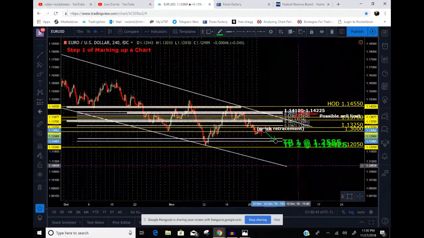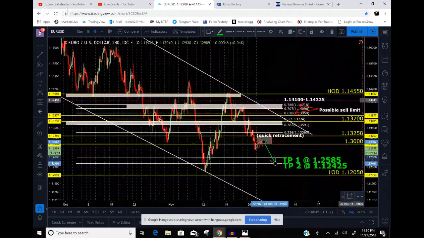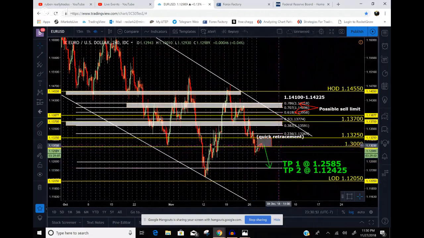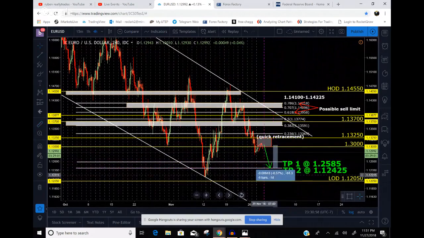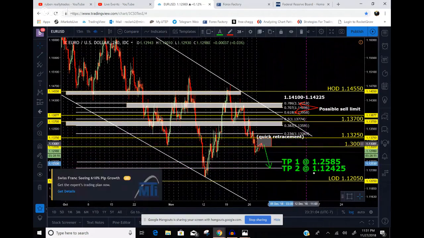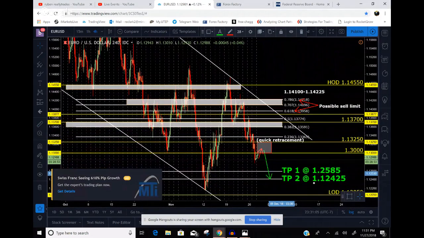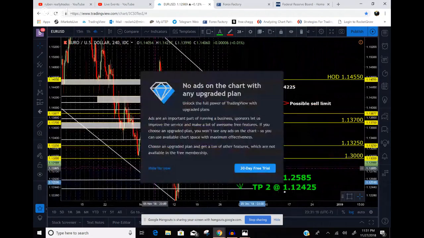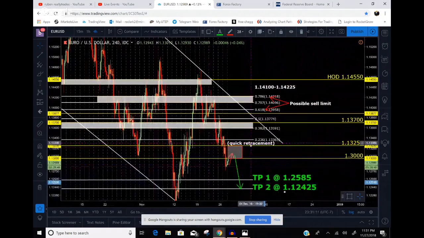Now just zooming back in so y'all could see this a little bit better. I do have this thing falling another probably about 60 pips for the sell. So, another 40 to 60 pips. These are TPs right here. So boom, boom. These are TPs for the sell. As far as anything else goes, I don't really know too well what the sell limit would be.